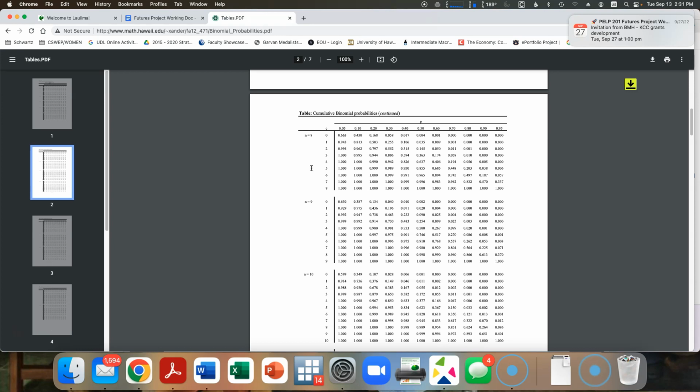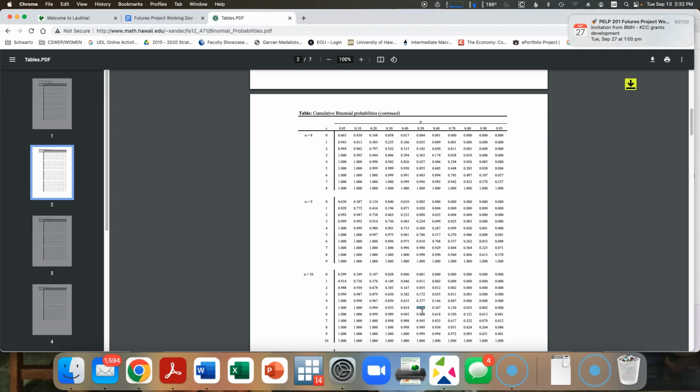Okay, so what we can see here is that we have a sample size of n, 10. And then for 5, 4, 3, 2, 1, with a probability of 50% because it's true or false. So we would go down the 50% column here to 5, and that's where we see this 0.623.